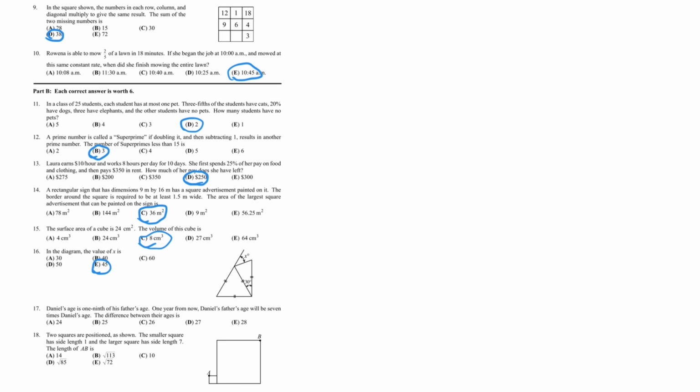Daniel's age is x, and father's age will be 9x. And 1 year from now, Daniel's father's age, that's 9x plus 1, will be 7 times Daniel's age.